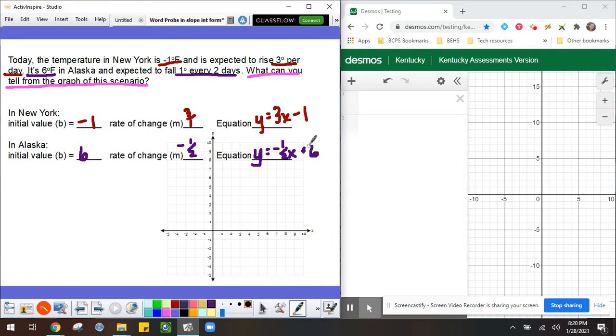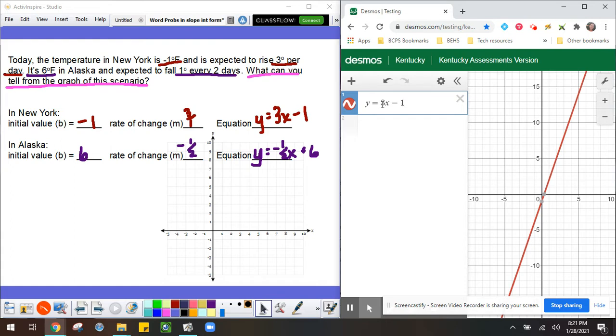Now, I'm coming over here to the Desmos calculator, and I'm going to show you what it can do for you. I've got mine zoomed in a little bit because my screen is squished over. And I'll be showing you throughout this video what to do if the whole graph doesn't show up. So y equals 3x minus 1.